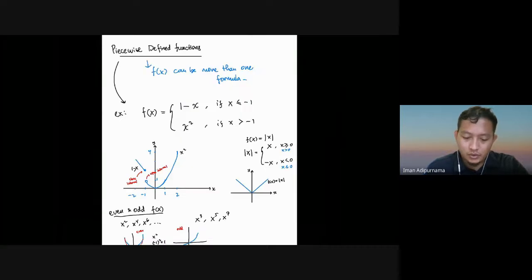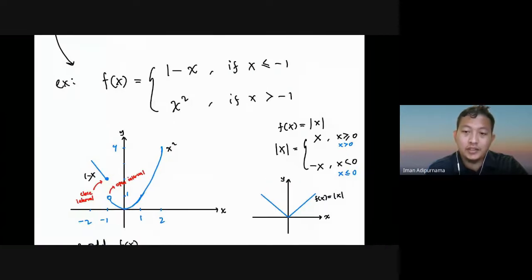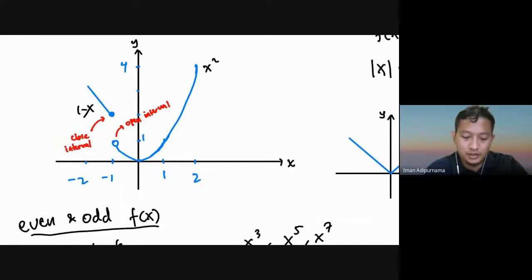And then we also learned that functions can be in a different set that we call piecewise defined functions. Piecewise defined functions means the function itself can have several equations, right? So for example, this f can be 1 minus x or x squared, but each is set up on a different interval. So 1 minus x is here and x squared is here.